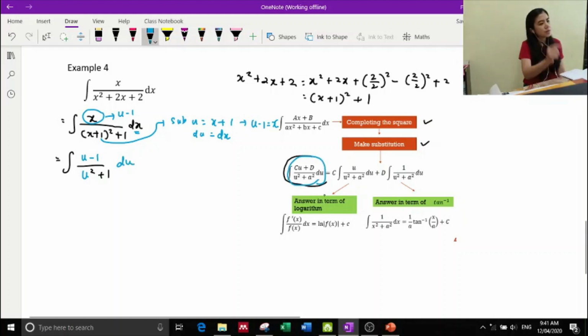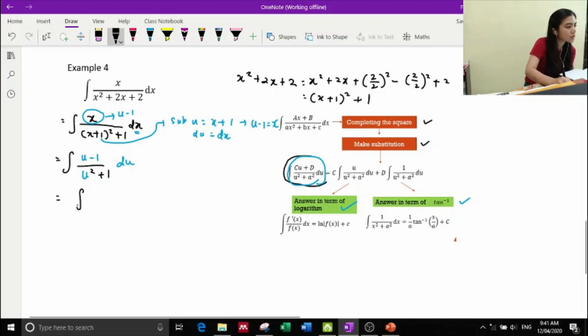When you're already in this form, you can see that apparently we have two integrations that we can use. The first one gives you the answer in terms of the logarithm, and the other is the answer in terms of the tangent inverse. So it means that you have to separate the integration itself into two.